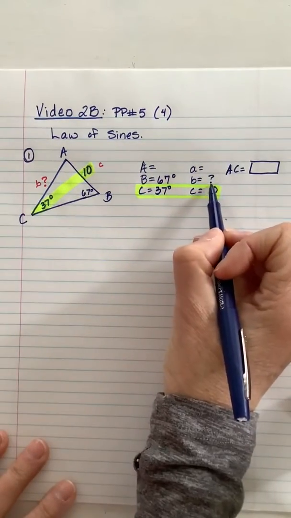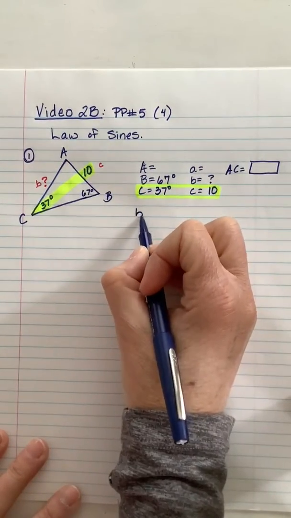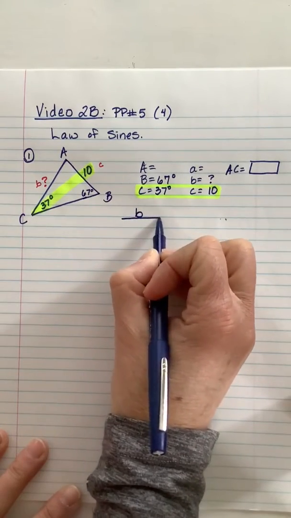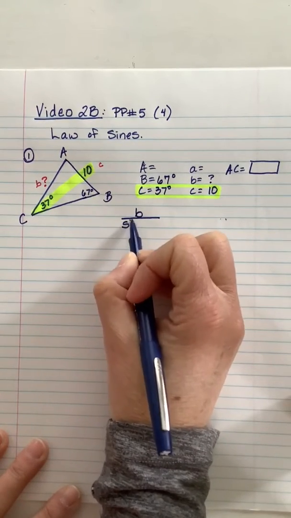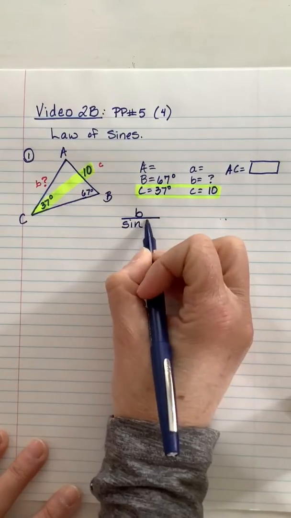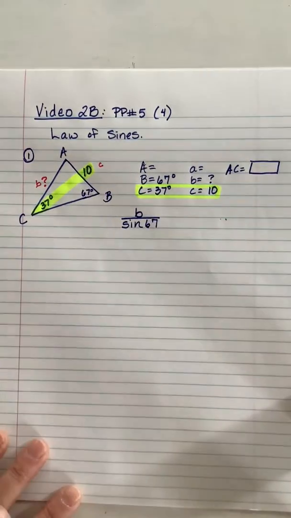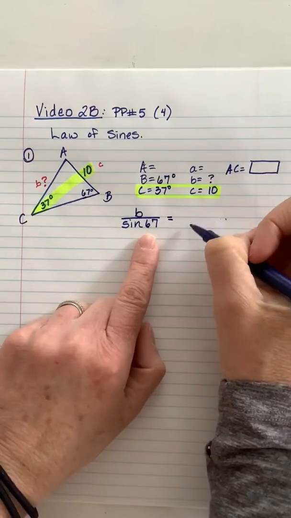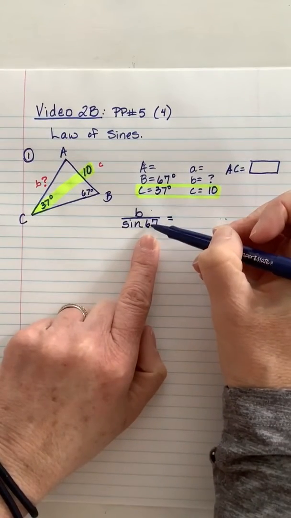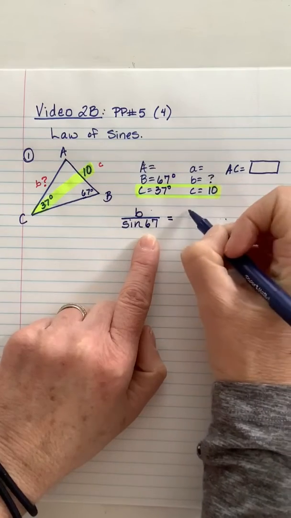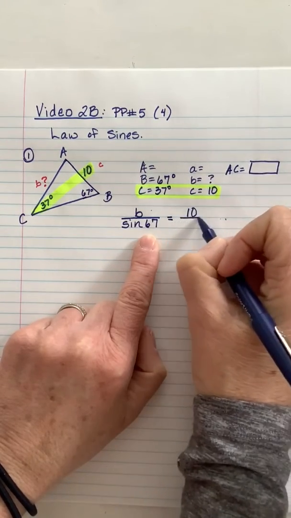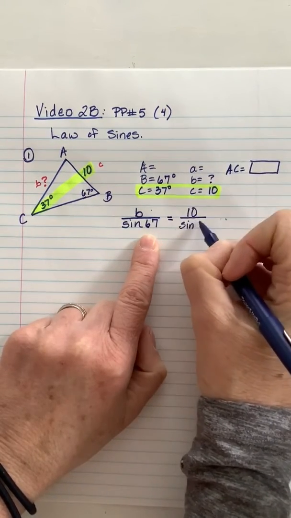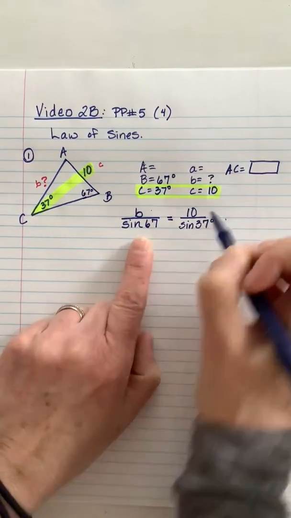So my unknown is going to be side b divided by the sine of B is equal to, now remember we need to keep it the same. If we have sides on top, angles on the bottom, we have to write sides on top, sine of my angle on the bottom.